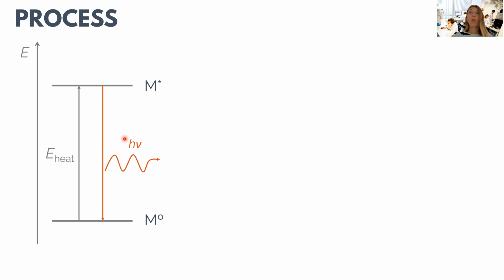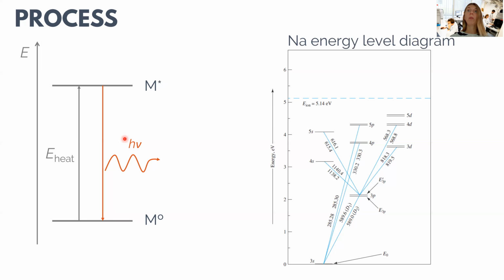And of course, for one metal, there is not only one excited state. On the example of sodium, we can see that there are multiple different excited states that differ in their energy. This also means that if the excited state is relaxed back to the ground state, then these different states release photons with different wavelengths, so they have different energy.